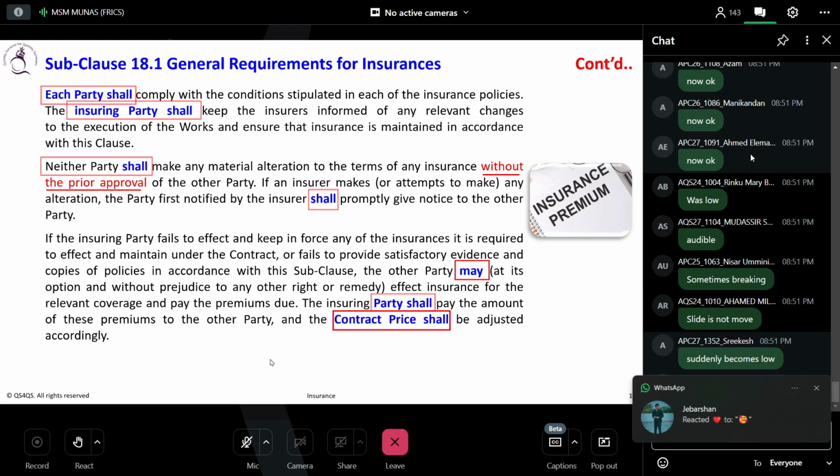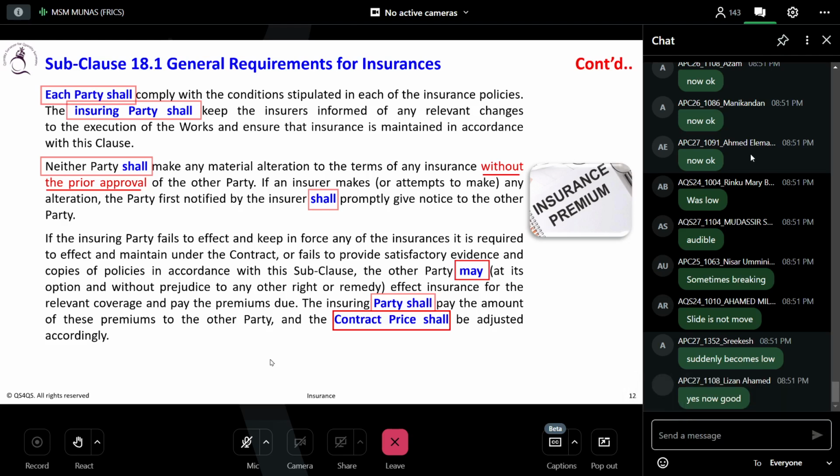But ultimately this subclause says, okay, the contractor didn't do it, the employer can do it, and the contractor will pay the employer. So it's going to be a claim. If the main contractor failed or is unable to produce the insurance, the employer will take it out and deduct it from the payment. Simple as it is.